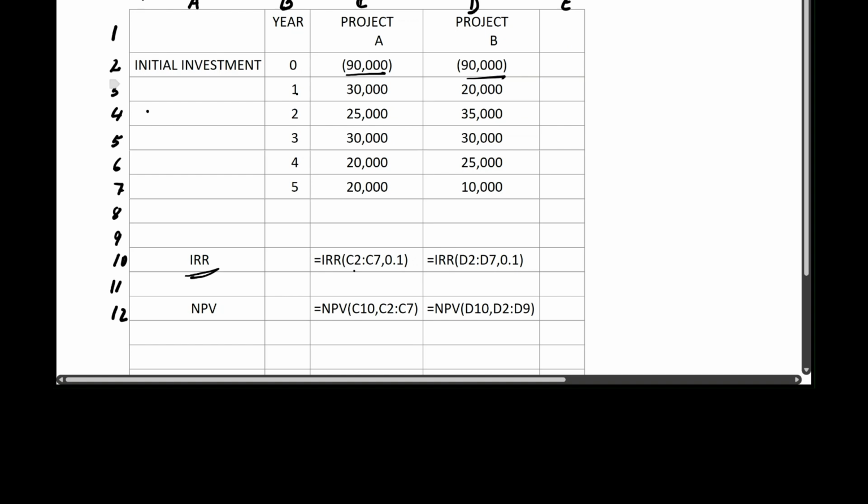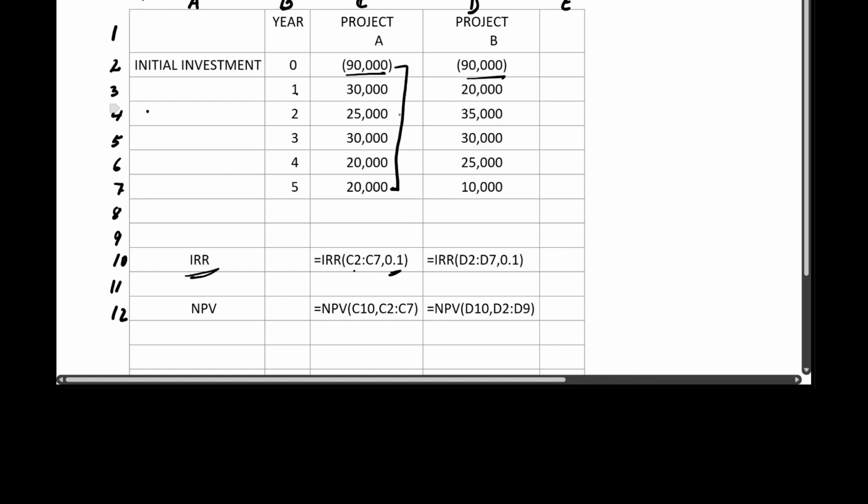Note that this rate 0.1, which is 10%, is optional. You can choose not to put it, but it's a guessing rate. It's the same idea as trial and error, but in Excel it's not necessary. You don't need to put it, but here we put it.